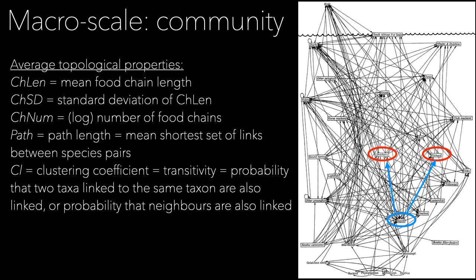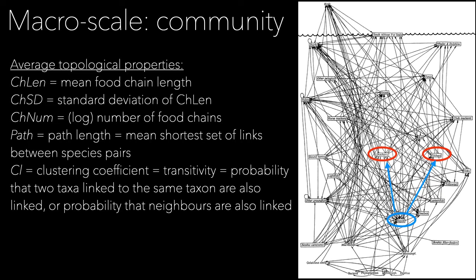Another important average topological property is the so-called clustering coefficient. If we take a pair of species, like in this case the anchovy and the pilchard, we can calculate the probability that these two taxa that are not linked to each other are going to share the same taxon.